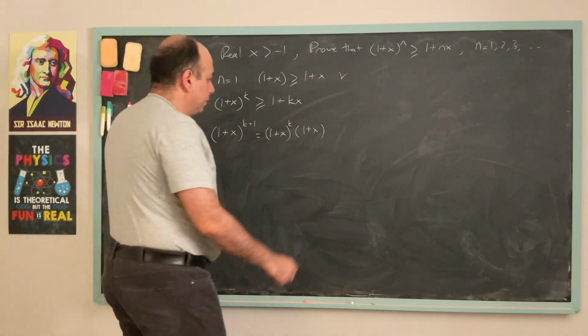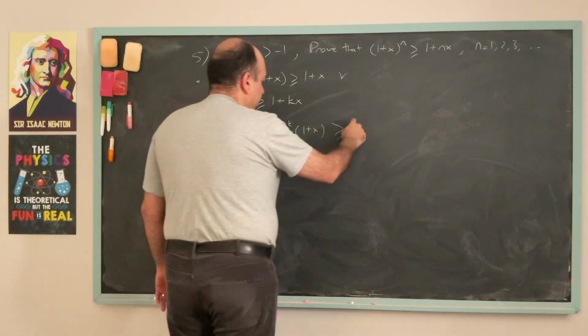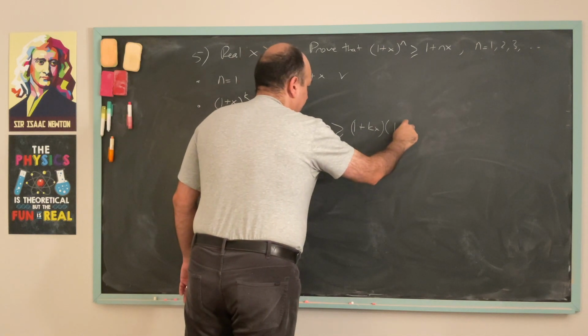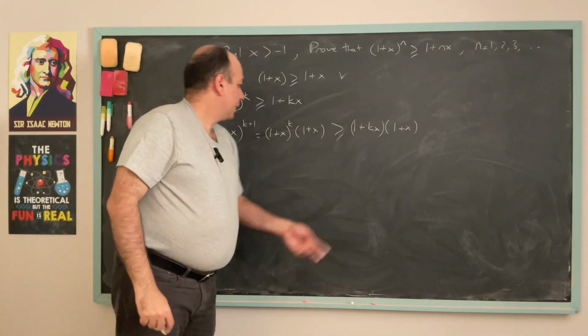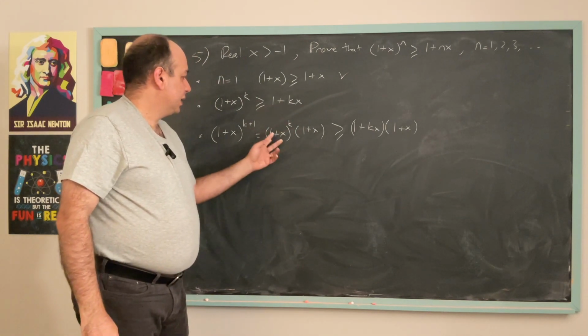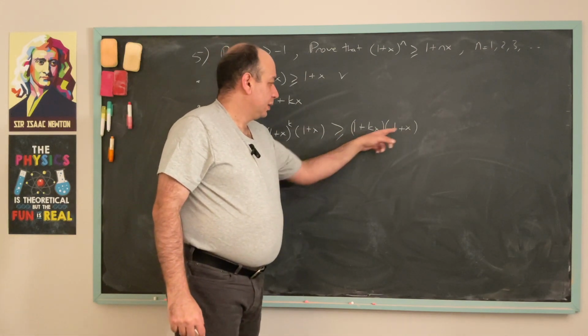So we can simply say that this is going to be larger than or equal to (1 plus kx) times (1 plus x). So this term is the same, but I know that this is larger than 1 plus kx, so this whole thing is going to be larger than this thing here.